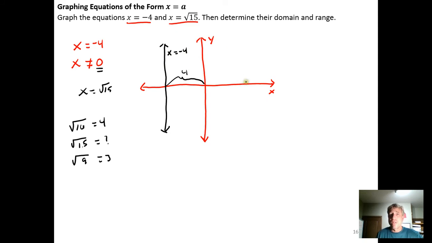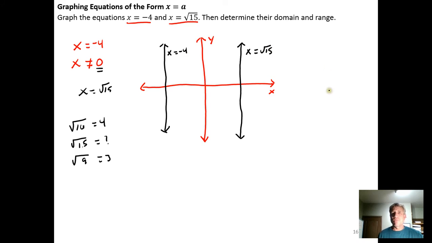So I'm going to come over, eyeball it so I'm about the same distance, maybe a hair shorter. I'm going to draw in my vertical line that I'm going to try to make look parallel to the y-axis as much as I can. And then this is going to be x equals the square root of 15.